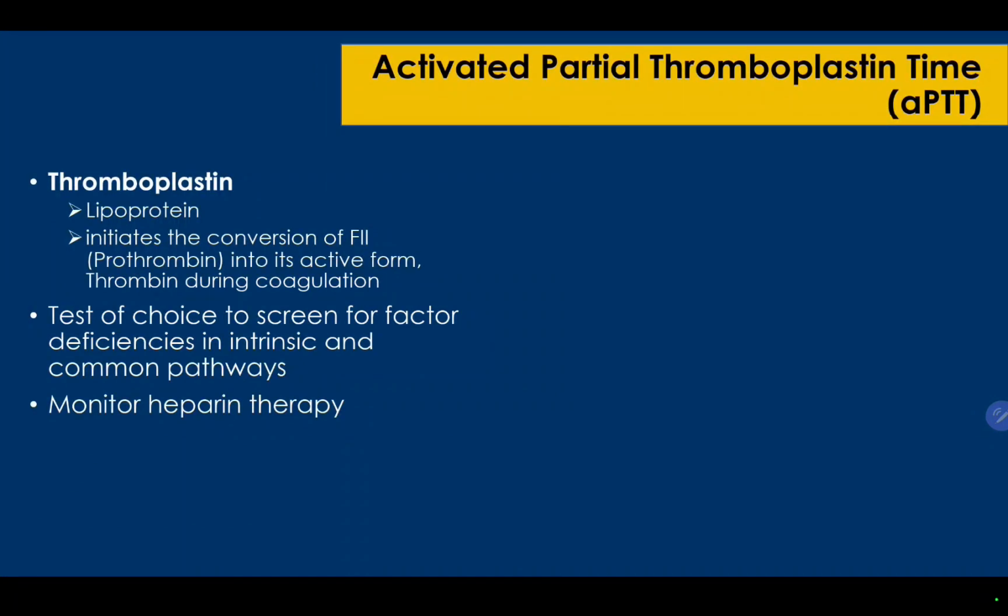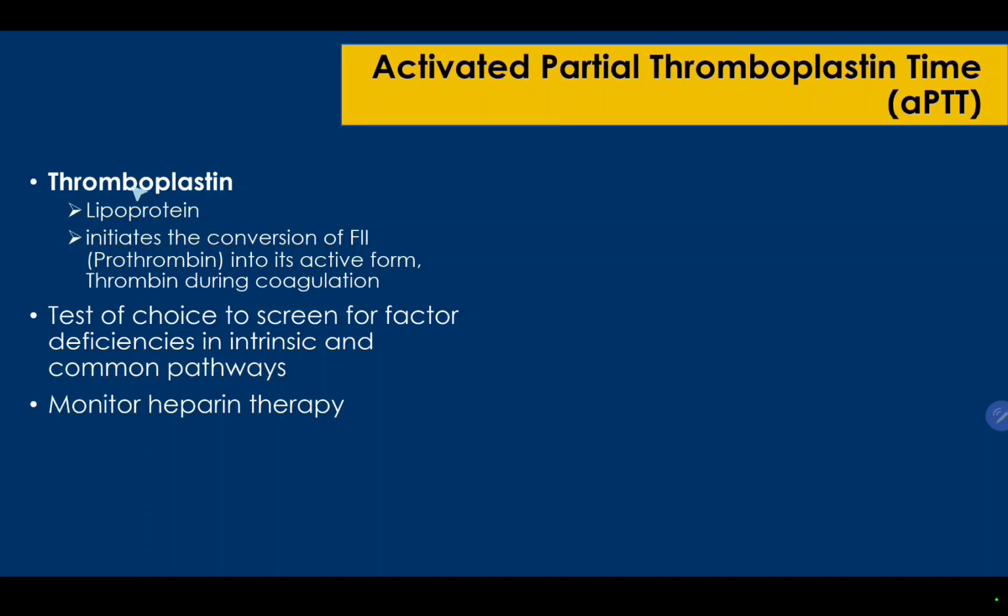We proceed now to the activated partial thromboplastin time, or APTT. Thromboplastin in the coagulation cascade is a lipoprotein that initiates the conversion of factor II into its active form, thrombin.